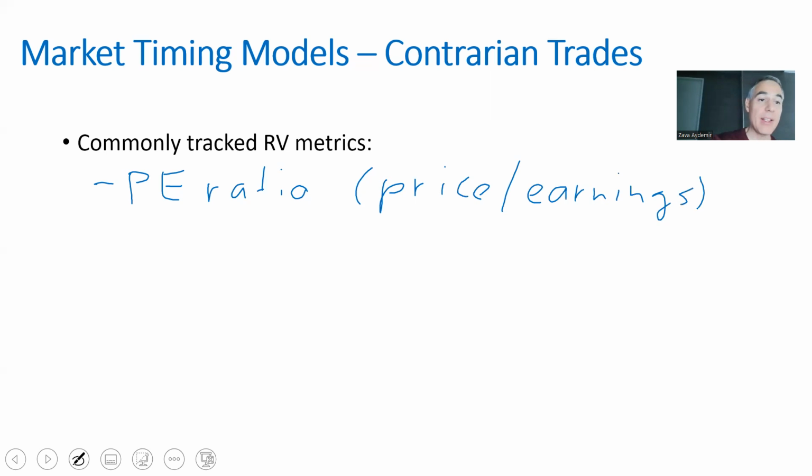Another one that is an alternative but very closely related to the price-earning ratio is the Shiller PE ratio.